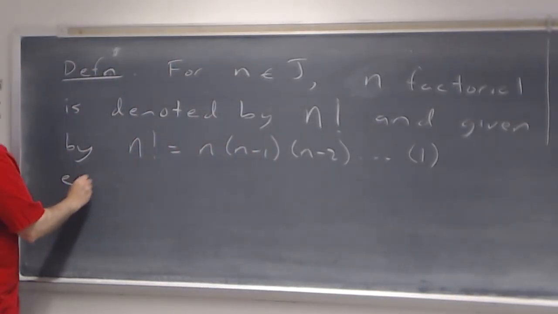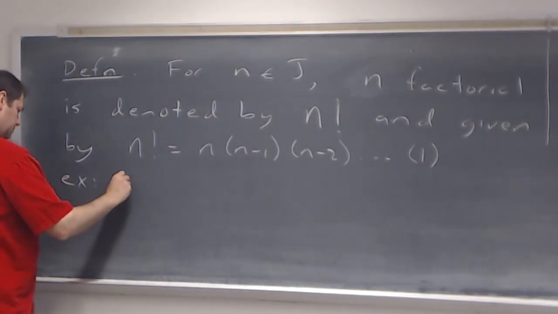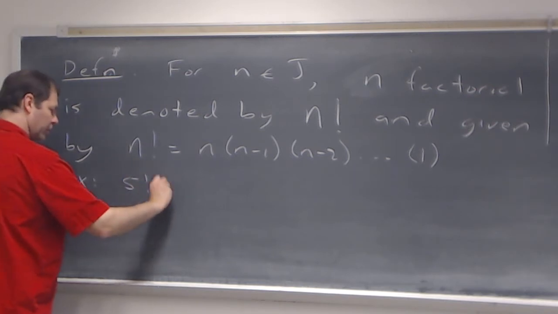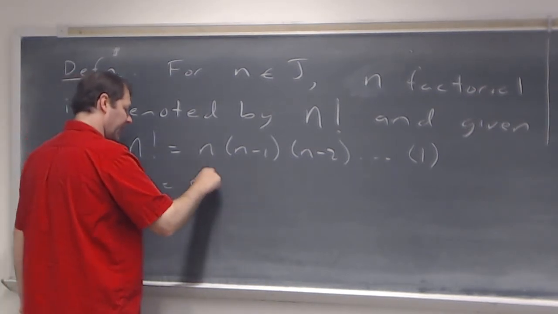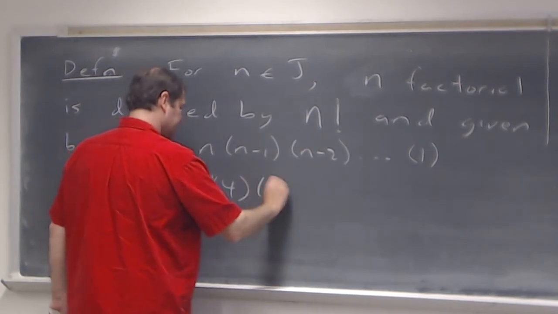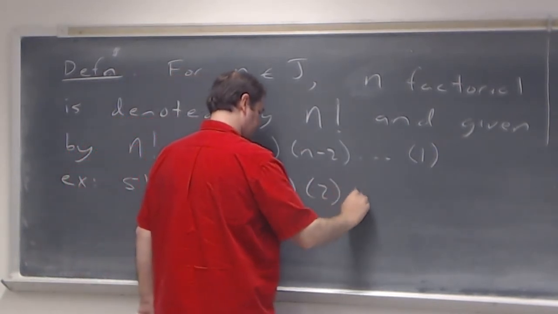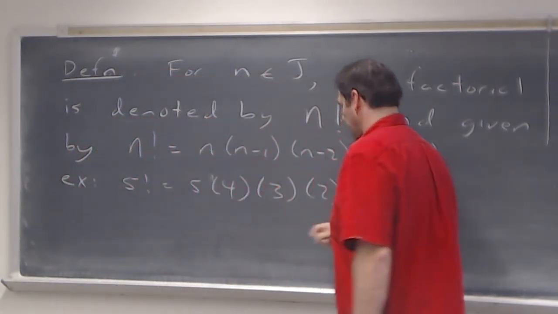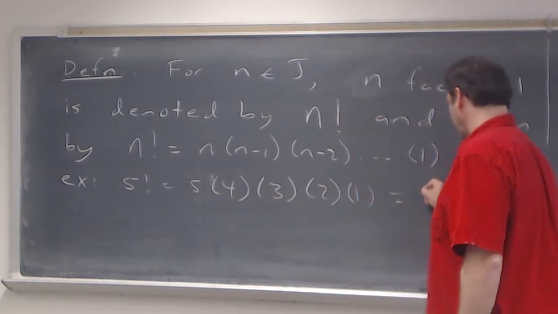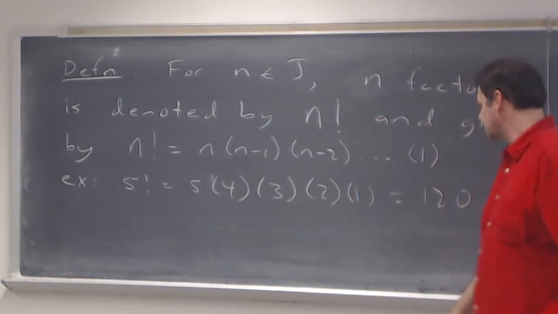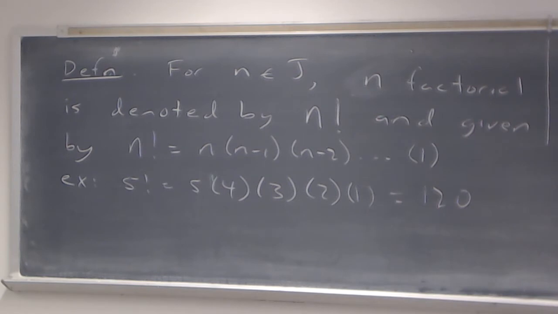As an example, what's 5 factorial? 5 factorial is 5 times 4 times 3 times 2 times 1. Numerically, this is 20, 60, 120. If you do 6 factorial, it's going to be 720, so you can see the numbers get big quick.